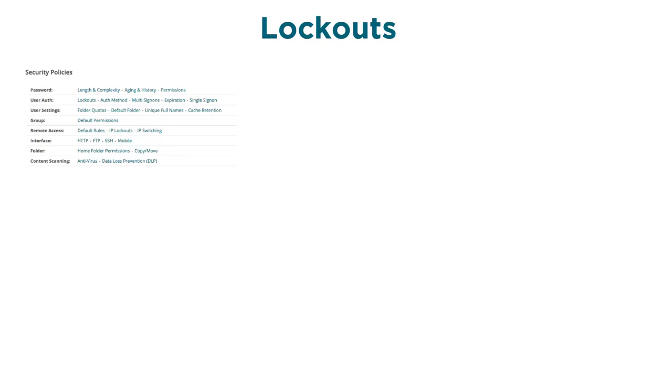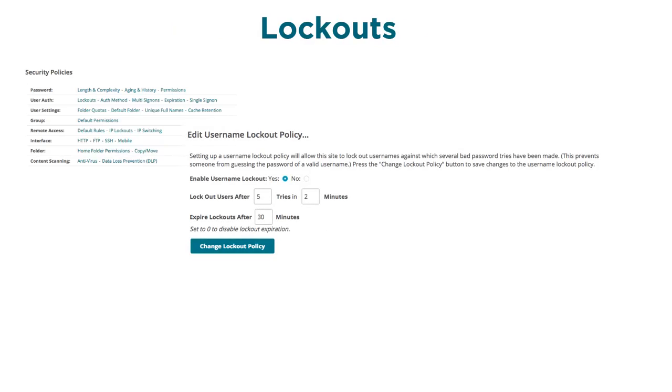We recommend engaging the user lockout policy in your MOVEit Transfer system. A typical configuration is to lock out a user who has unsuccessfully attempted to log in 5 times in 3 minutes. Do not forget to set that same user the ability to be unlocked 30 to 60 minutes later so they can attempt to log in again and conduct business.